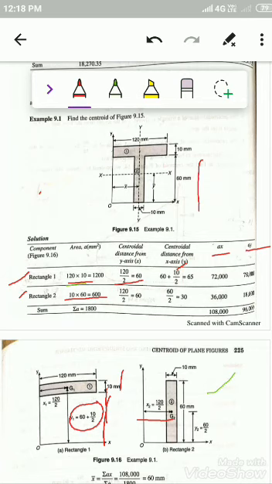And the centroidal distance from the x-axis, the y bar, has to be found. The depth of the rectangle is 60, therefore y bar is 60 divided by 2. Total width is 120, therefore x bar value is 120 divided by 2.